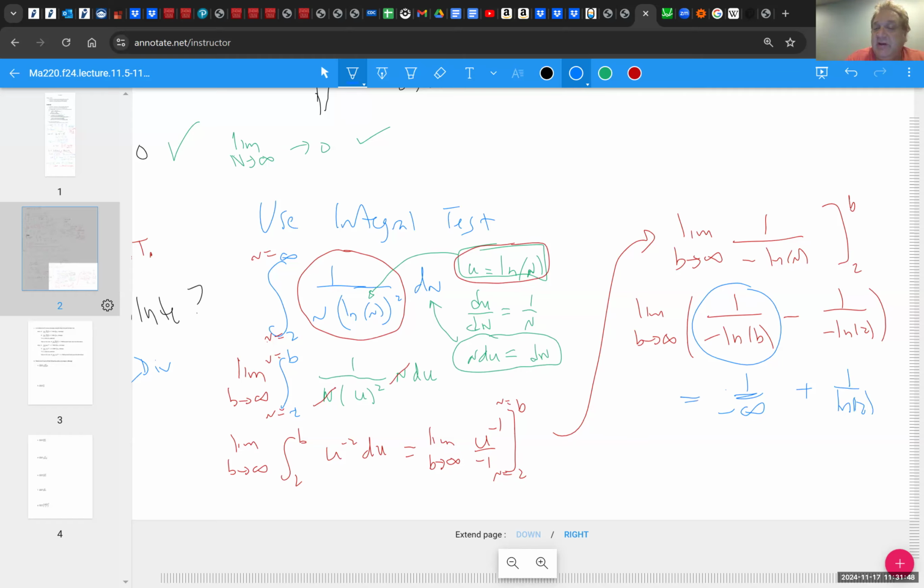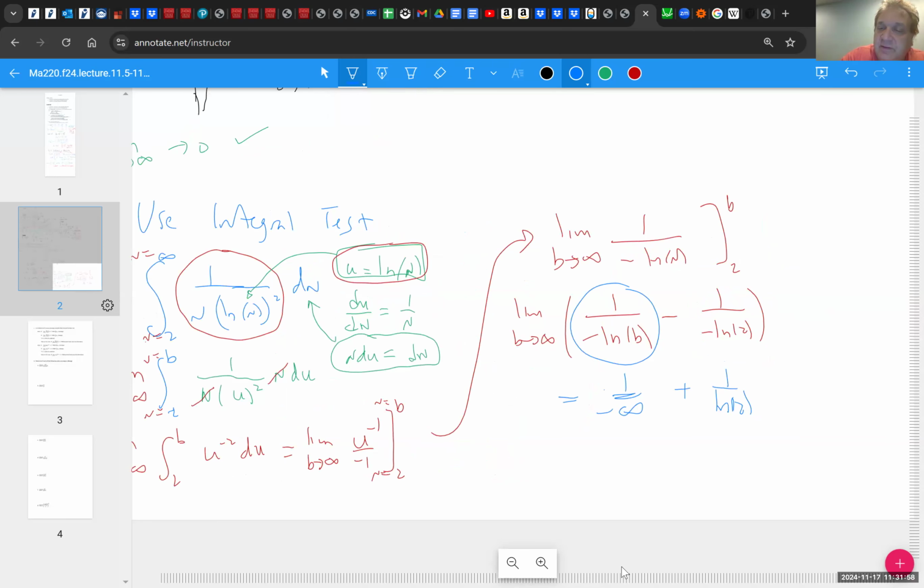So this limit is going to end up being 0 plus 1 over ln 2, which is, of course, just 1 over ln 2. So this is equal to 1 over ln of 2. I'm going to have a little arrow here going to 0, just so I can communicate where that thing went to. So what did we just discover?